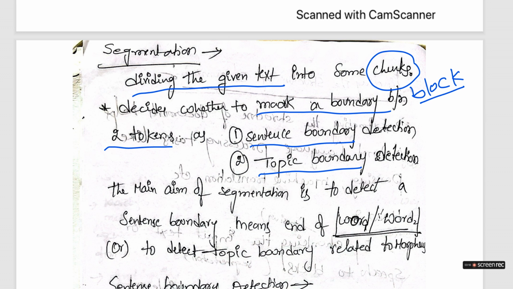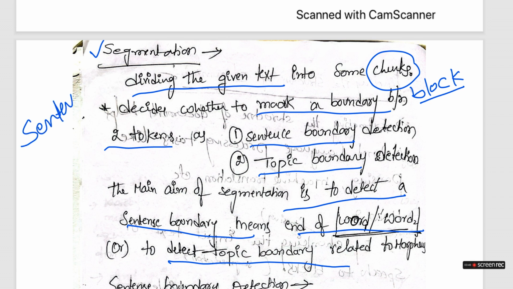The main aim of segmentation is to detect a sentence boundary, that means the end of a word or end of a sentence, or to detect the topic boundary related to the morphemes. So under finding the structure of documents by using this segmentation procedure, we have to study sentence boundary detection and topic boundary detection.